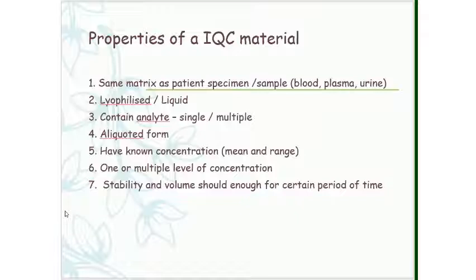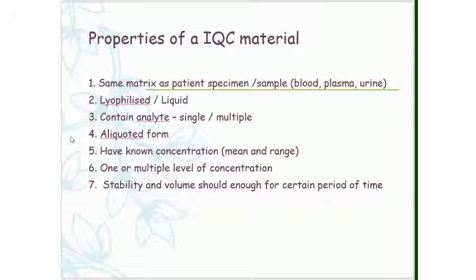So now let me explain the properties of the QC material. First, it should be the same matrix as the patient specimen or sample such as blood, plasma or urine. It is in lyophilized or liquid form. It contains analyte, either single or multiple.